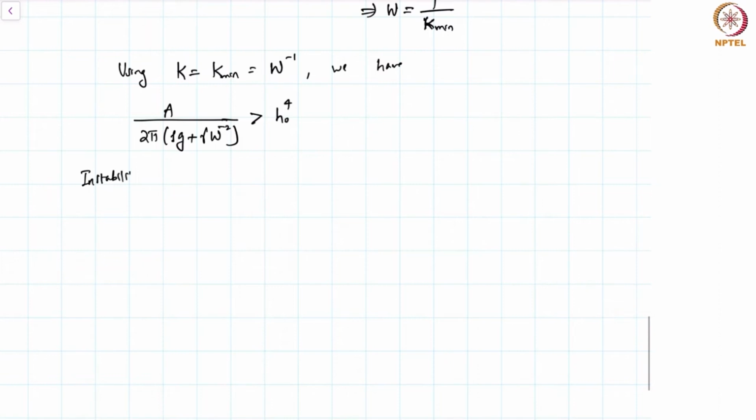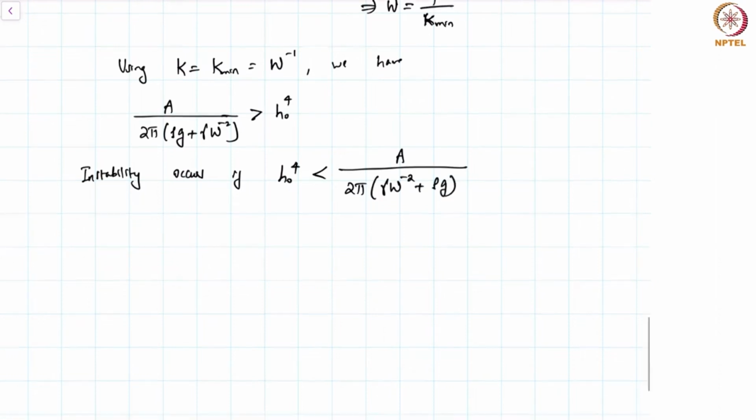We can say instability occurs if H0 power 4 is less than, the thin film is thinner than a value given by A by 2 pi into gamma W power minus 2 plus rho g.